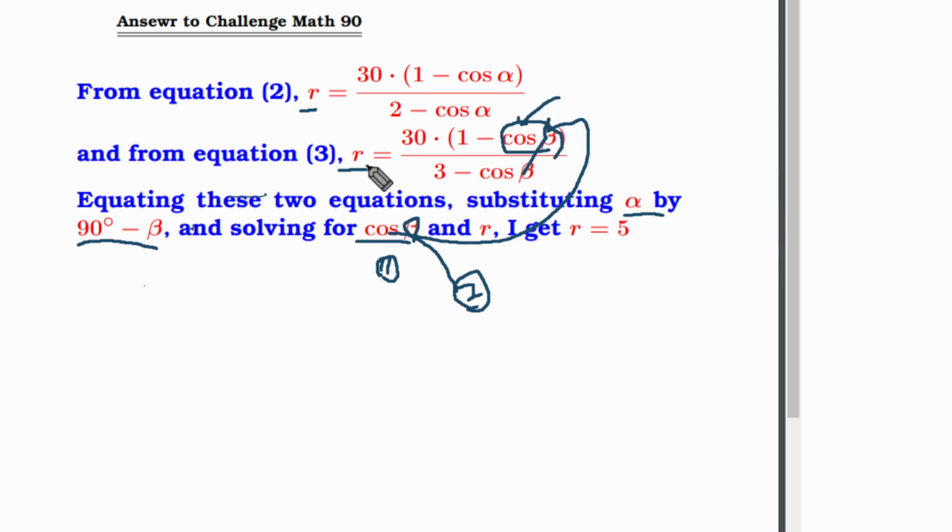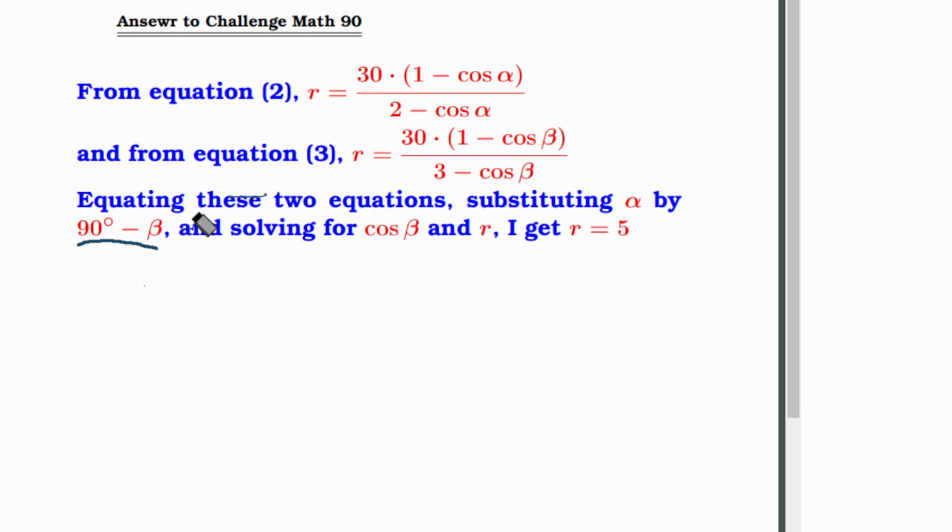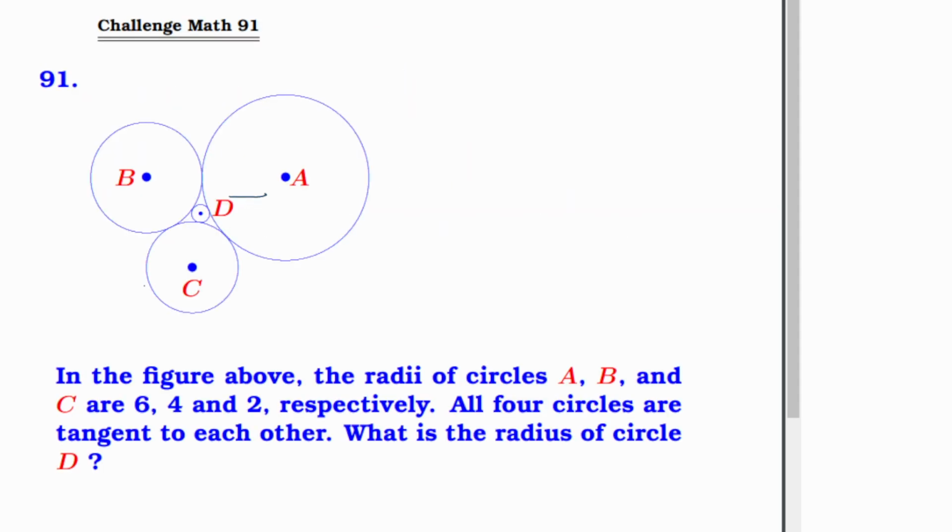Then you can solve for r. Using scratch paper, when I calculated, the value of r came out 5. If you have any question, rewind my video and study again. And next time I will go over another one.